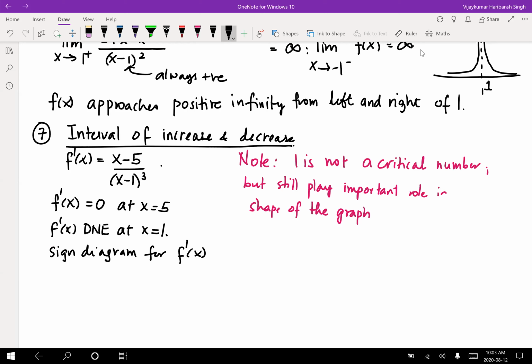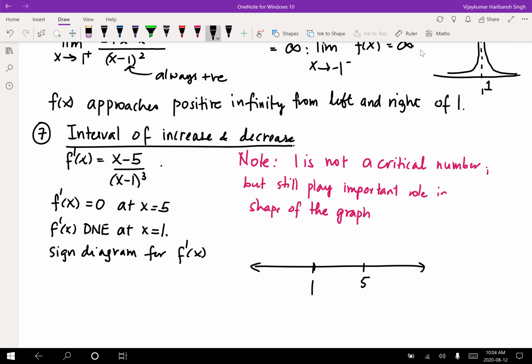So that amounts to basically drawing a line and marking where the numerator becomes 0, which is at 5, and where the denominator becomes 0, at 1. So now let's check the sign. Here, if you want, you can write infinity on top and 0 here just to see what is happening, but you don't need to do that.